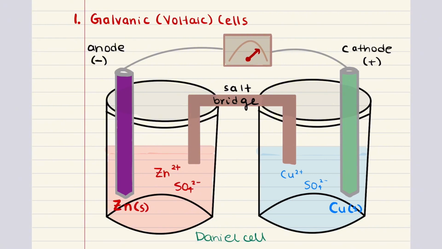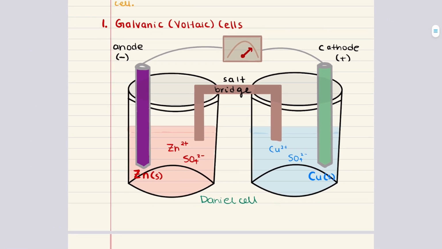In a Daniell cell, the setup includes two electrodes and an electrolyte solution for each. The anode, where oxidation occurs, is made out of zinc. During the reaction, zinc metal loses electrons to form zinc ions, and these electrons are then released into the external circuit. On the other hand, the cathode, where reduction takes place, is made out of copper.